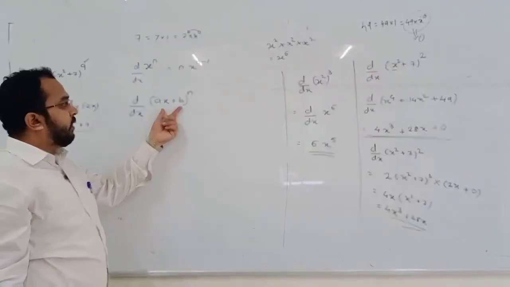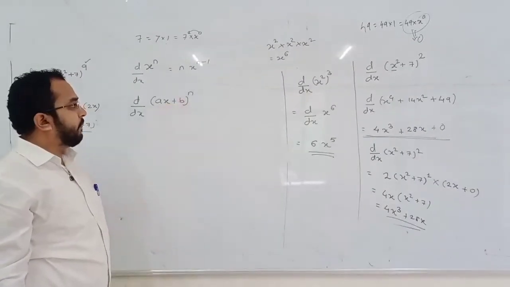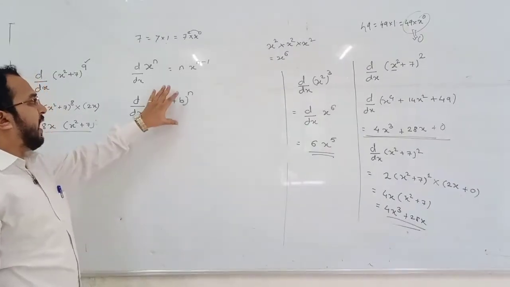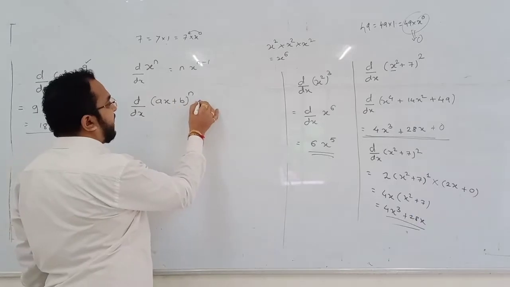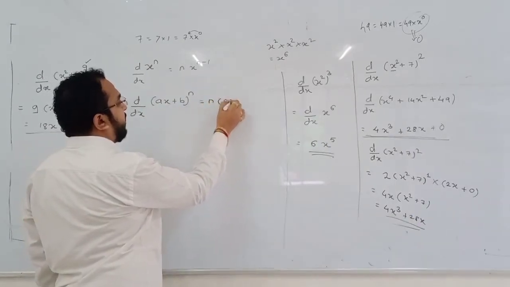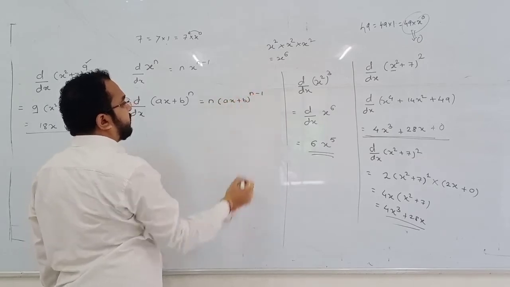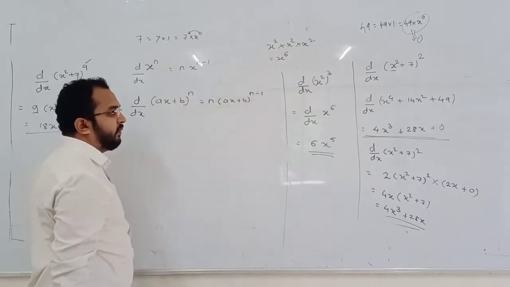But here something other than x is there: ax plus b. It is something other than x. So first of all, assume this as x and differentiate. So it will be n (ax plus b) to the power n minus 1. Take the power in the numerator and reduce the power by 1.